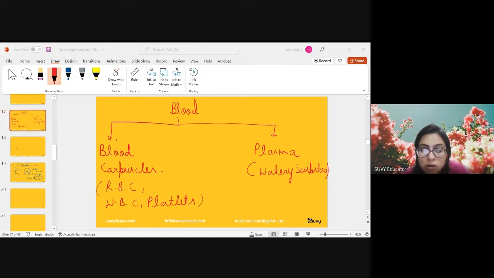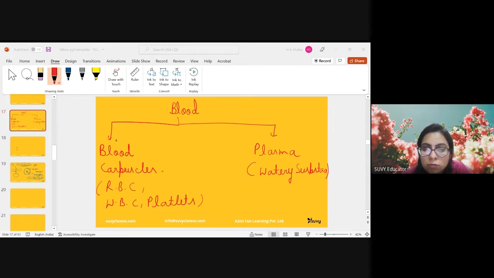WBC present in our body, and WBC is a policeman of our body. How do policemen protect us from thieves and many criminals? In the same way, WBC is a policeman of our body, and it fights against the germs. It fights against all the viruses and infections, and throws that infection out of your body, and after that you will recover.